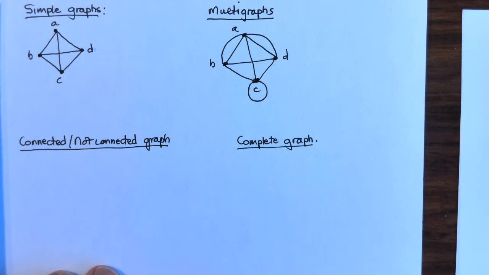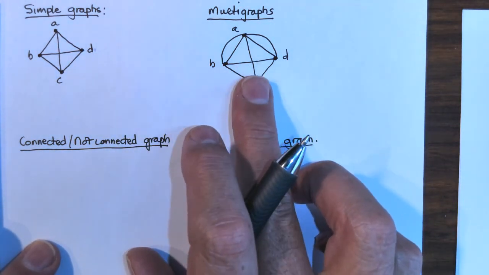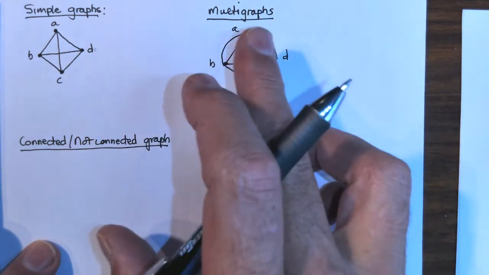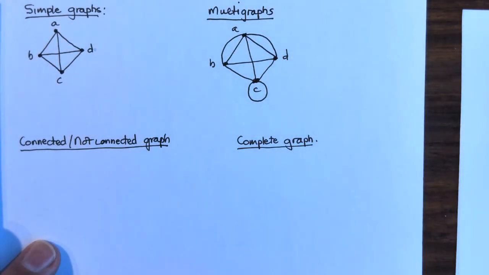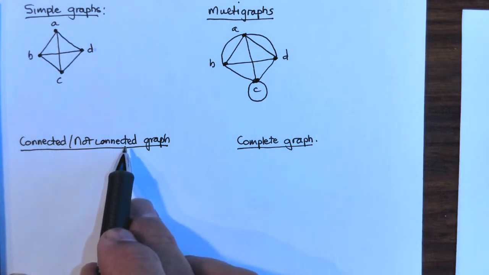Now, it fits quite nicely with our set theory. A multiset is a set in which we are allowed to include a single element multiple times. Hence the word multigraph.